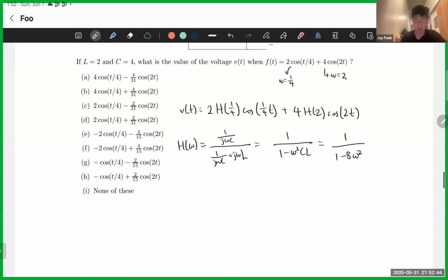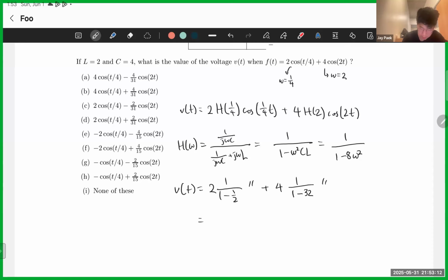Now all we need to do is solve for v of t. v of t is equal to 2 times, what is H of 1/4? It's just 1 over 1 minus 1/2, cosine of whatever that is, plus 4 times H of 2, which is 1 over 1 minus 32, and then whatever we had up there.